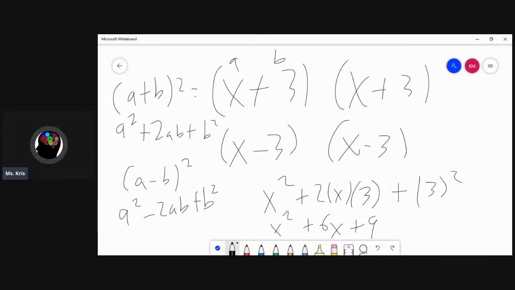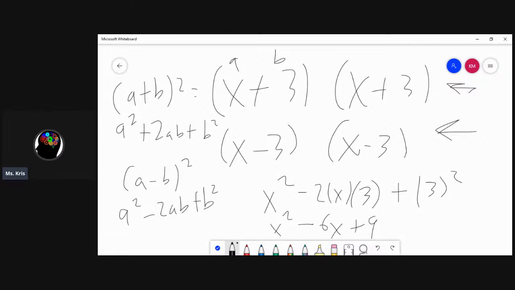Now this only works if they are exactly the same. Now, the only difference between the top versus the bottom is a minus sign. x squared is still x squared.